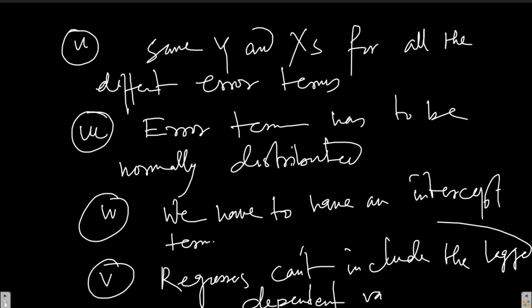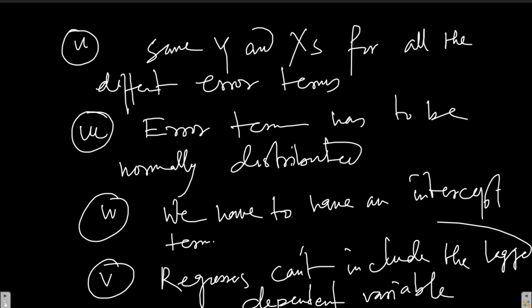And why is that? Because we are trying to understand the relationship between ut and ut minus 1. If I introduce yt minus 1, the whole process will be somewhat distorted, because yt minus 1 will influence the relationship between ut and ut minus 1. So we have to be careful that we do not have within the x variables, the regressors, a yt minus 1 or any of the other yt's.